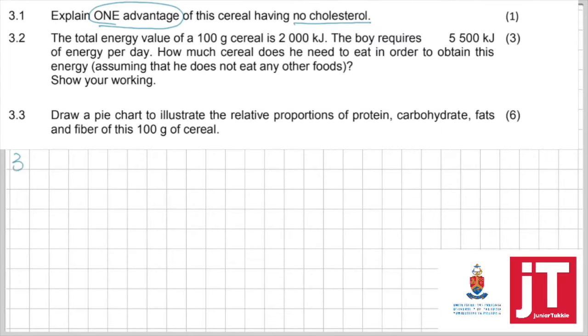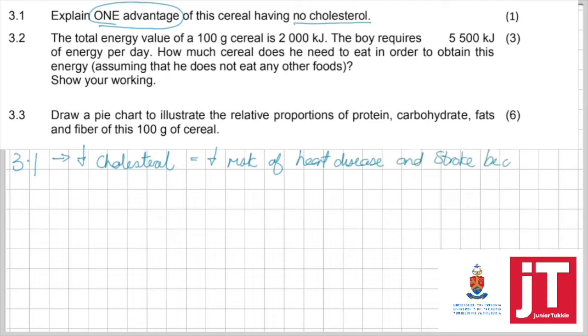Looking at question 3.1: explain one advantage of this cereal having no cholesterol. If you refer back to the multiple choice questions we did in the first video, you would remember that there was also a question on cholesterol. So we already know that decreasing cholesterol in the diet decreases the risk of heart disease and stroke, because there's less buildup of cholesterol in the arteries and the arterioles.